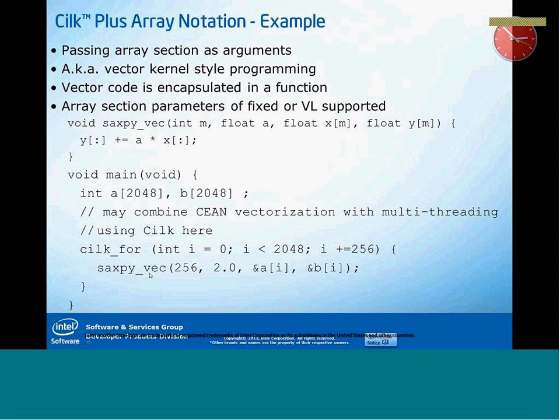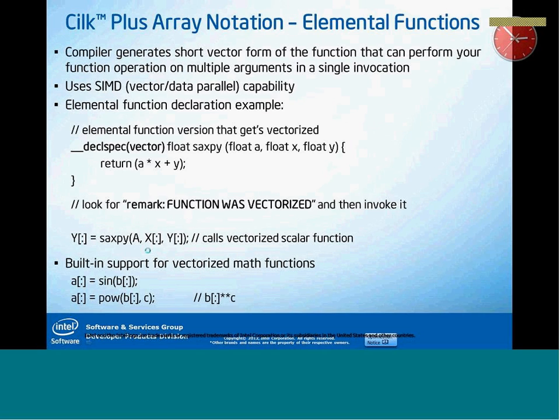And then I can invoke these functions. Array notation gives you data level vectorization for each core, and then you can use Cilk for to parallelize across multiple cores, for multi-threading purposes.